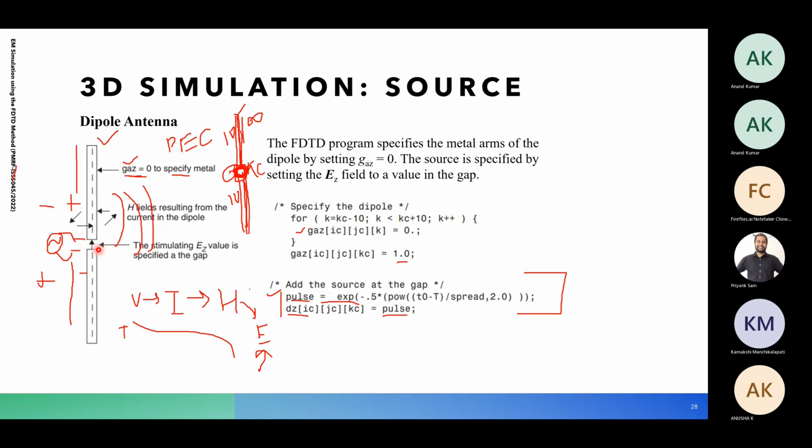Similarly, we are giving an excitation between the two arms, and when we give a particular E field value over here, this will excite both the arms in such a way that this acts as an antenna. So this whole thing will come at one potential, and this whole thing will come at one potential, and that is how the electric fields will work.